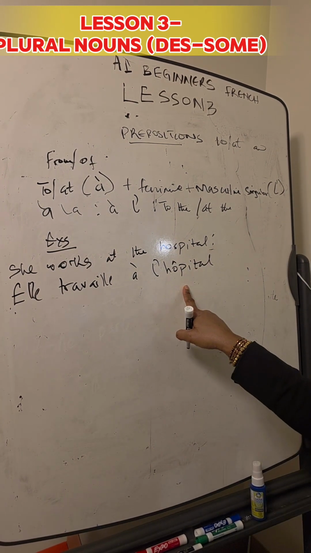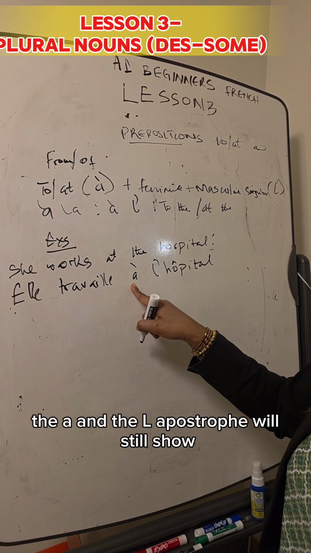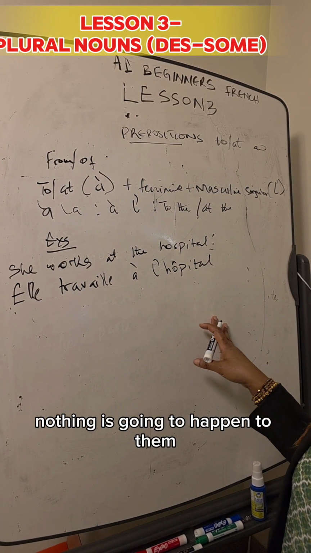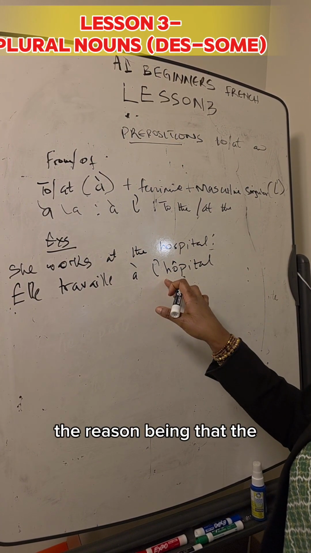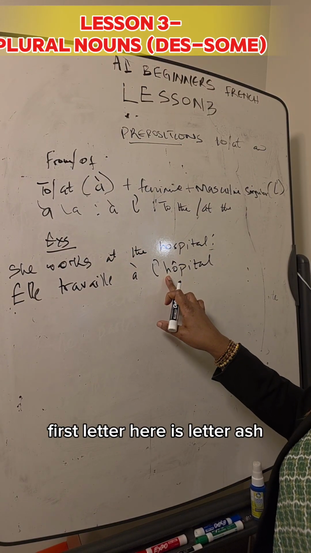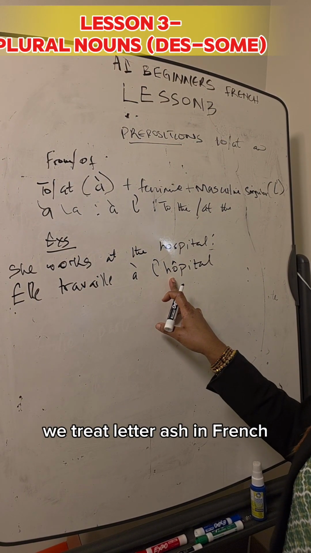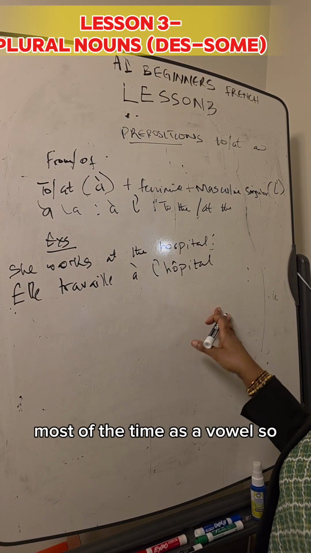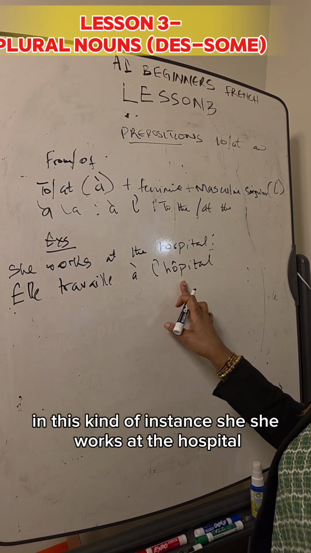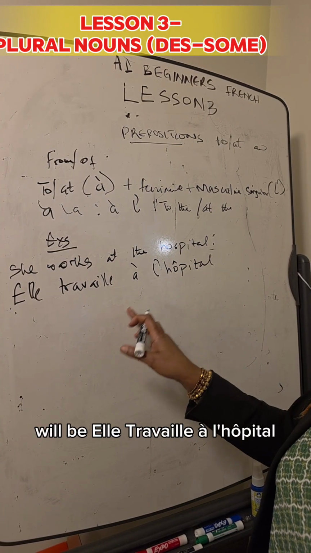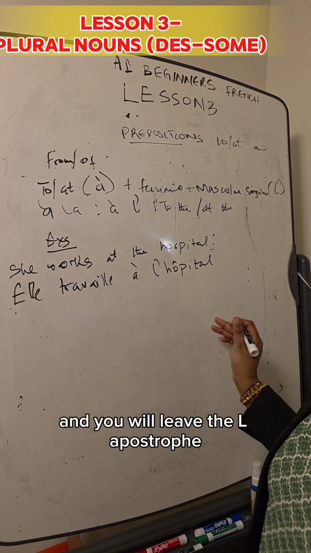So the A and the L apostrophe will still show. Nothing is going to happen to them. The reason being that the first letter here is letter H. We treat letter H in French most of the time as a vowel. So in this kind of instance, she works at the hospital will be Elle travaille à l'hôpital, and you will leave the L apostrophe.